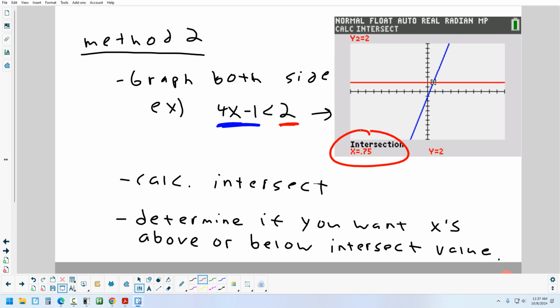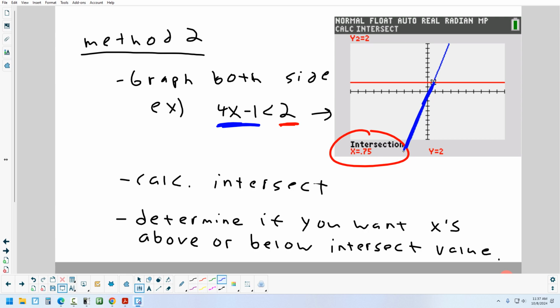Okay, now we want to know where the blue is under the red. Where is the blue line under the red line? Is that as you head to the left of this intersection point or to the right? Yeah, it's down and to the left, but it's to the left. This is the part of the line I want to be on.